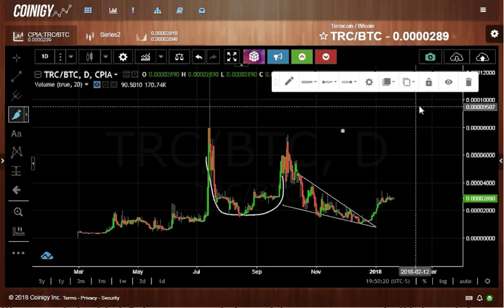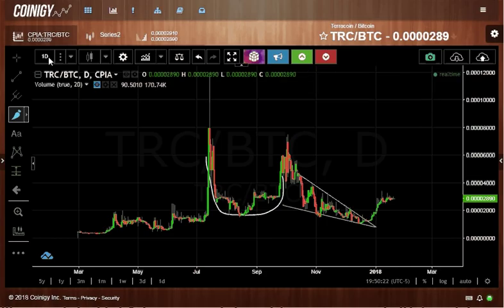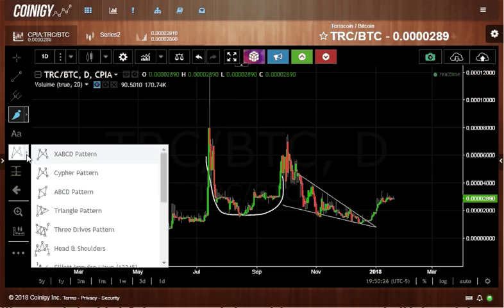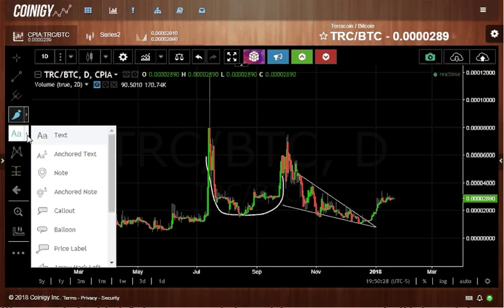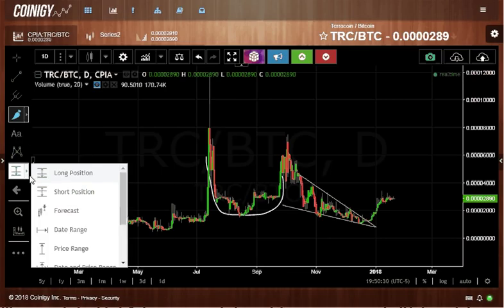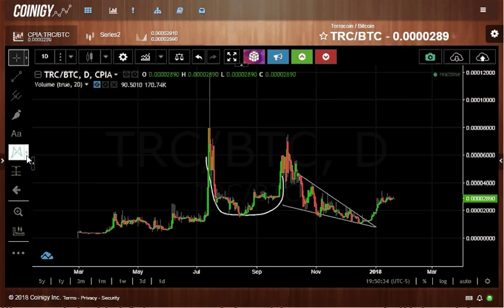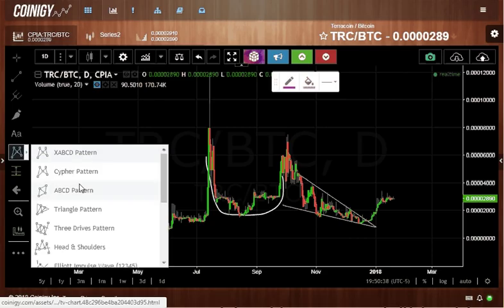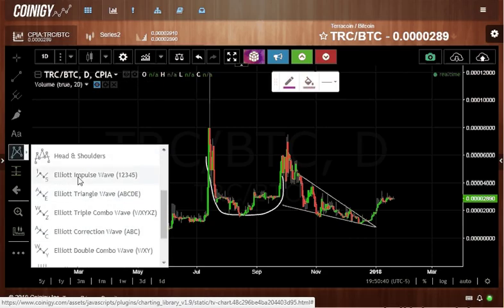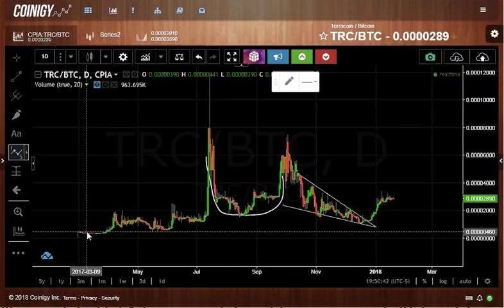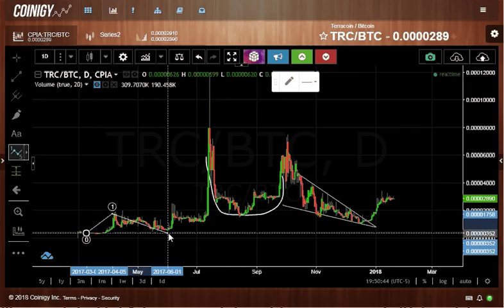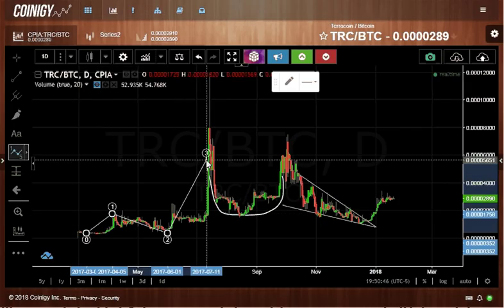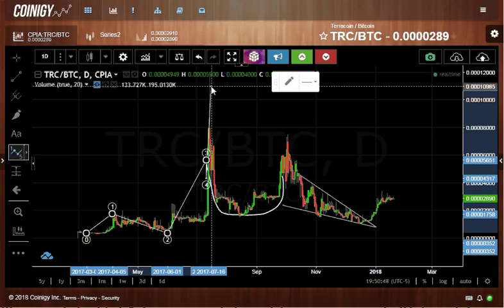We can also trace out the Elliott wave counts. One, 2, 3, 4, and 5.